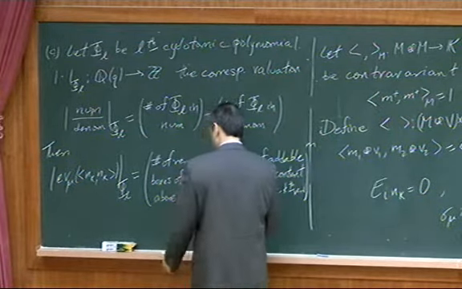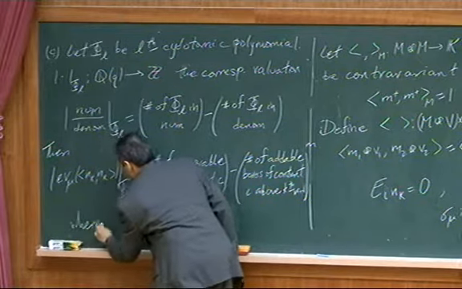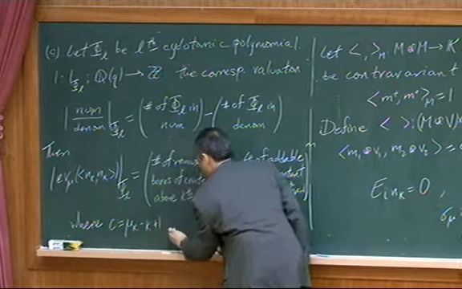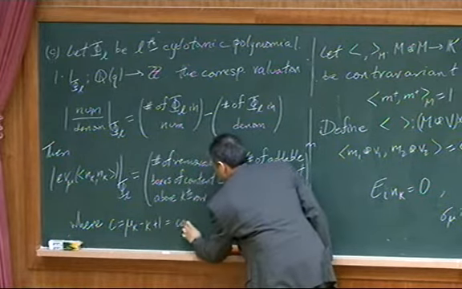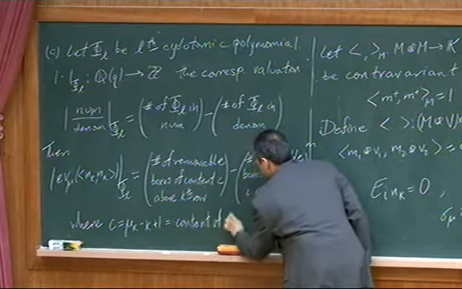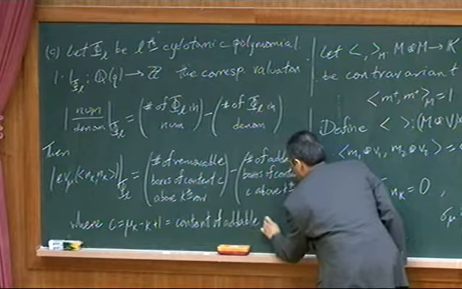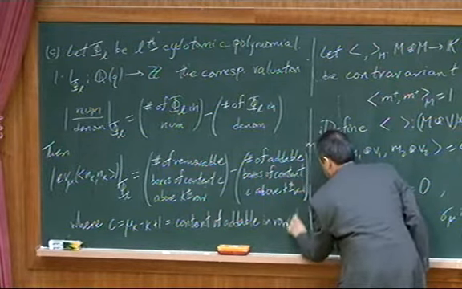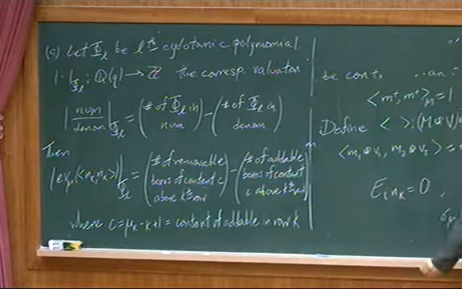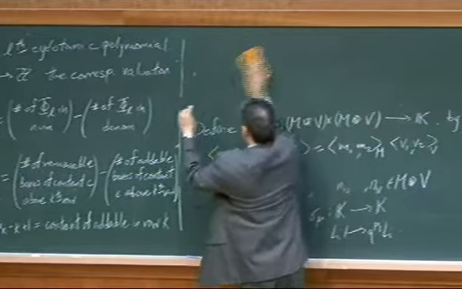Okay, so here C is mu k minus k plus 1, the content of the addable box in row k, and all the contents you need to take them mod L to measure this valuation.